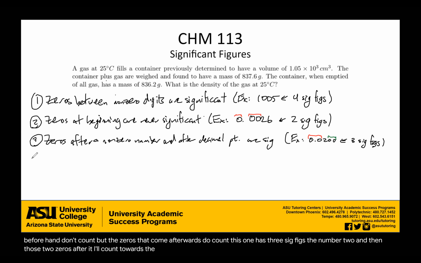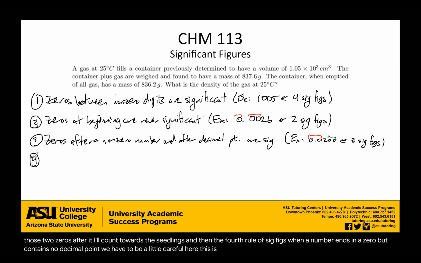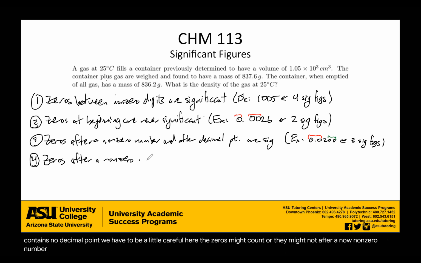And then the fourth rule of sig figs: when a number ends in a 0 but contains no decimal point, we have to be a little careful here. The zeros might count or they might not. Zeros after a non-zero number but before a decimal place may or may not be significant.